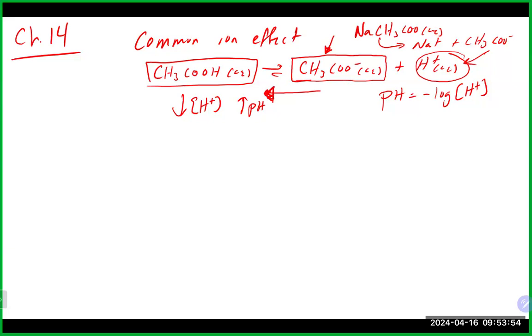Now, in this case we wouldn't necessarily get a basic pH, but it would be higher in comparison to the acidic pH that we would see with just the acetic acid by itself.